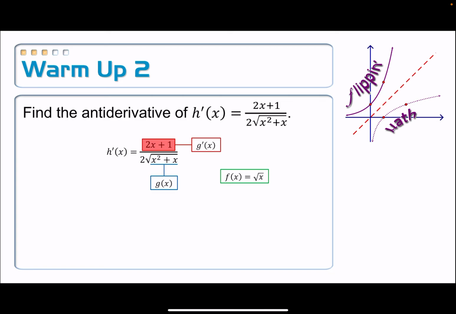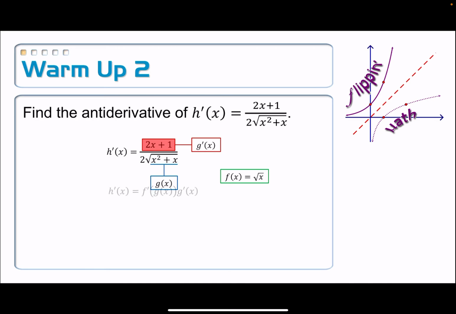And what I want to notice about this is that I have some sort of interior function inside of the square root, this x squared plus x. But not only that, I want to notice that its derivative is also part of my original function here, this 2x plus 1, right? And you can see it mapped out here with our interior function and the derivative of our interior function. And it must have come from this square root of x function as the exterior function.